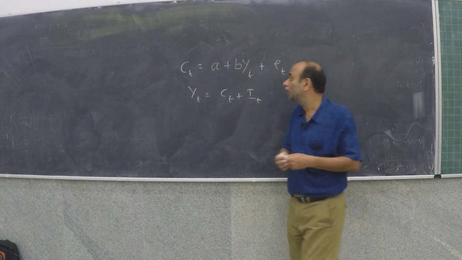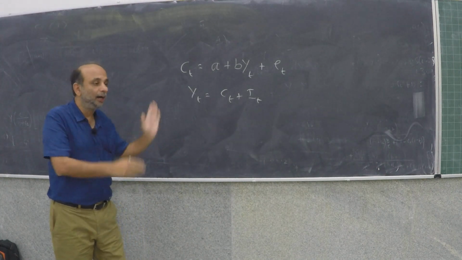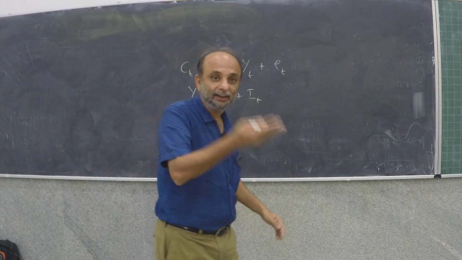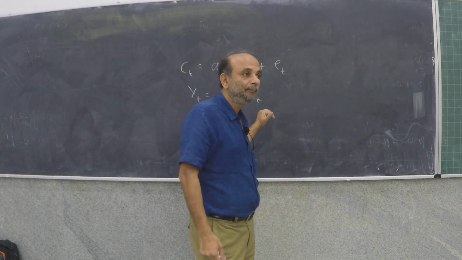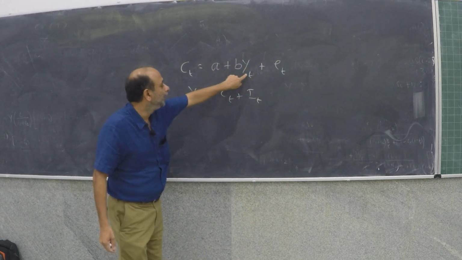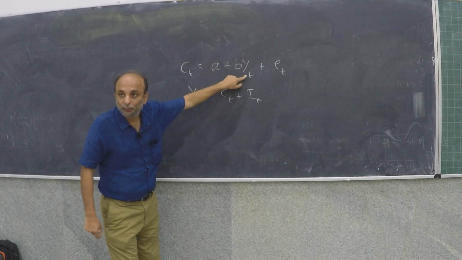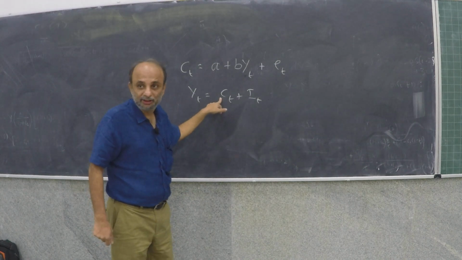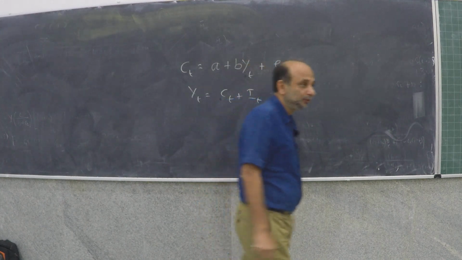A reduced form occurs when all the endogenous variables are on the left hand side and all the exogenous variables are on the right hand side. Is this at the moment a reduced form? No, because there is an endogenous variable Y_t on the left hand side here, and another endogenous variable C_t on the left hand side here. So this is not a reduced form system.